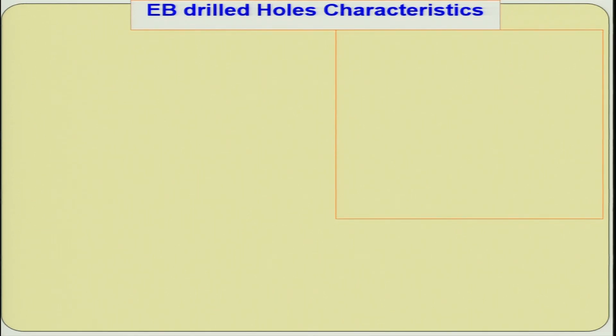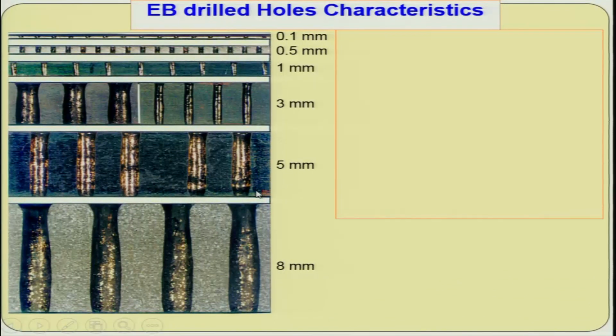Now, let us see what are the characteristics of the holes drilled by electron beam micro machining or electron beam machining process. Please see it carefully. These are the holes: 0.1 millimeter, 0.5 millimeter, 1 millimeter height, 3 millimeter height which is expanded height, 5 millimeter and 8 millimeter.